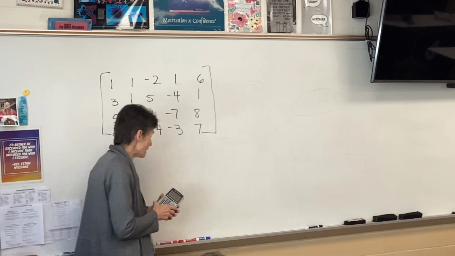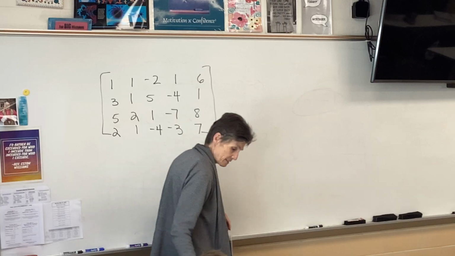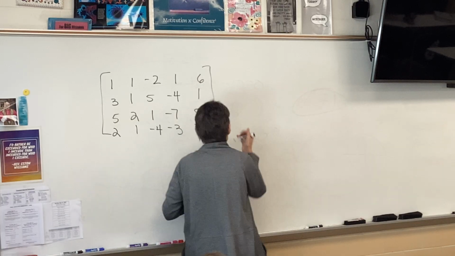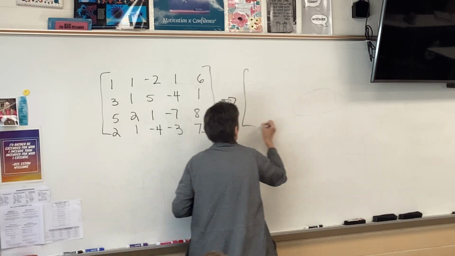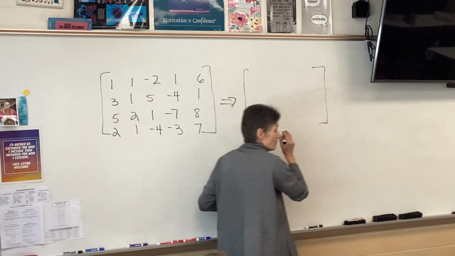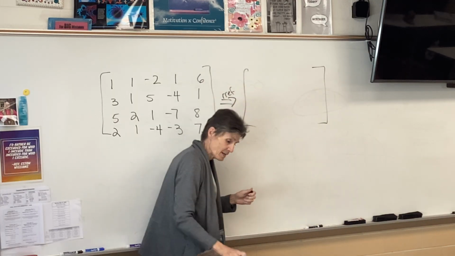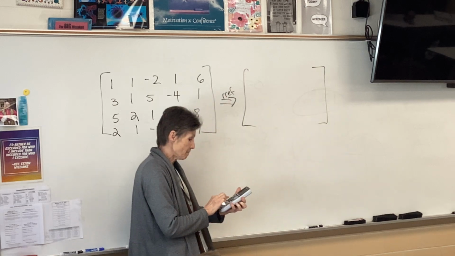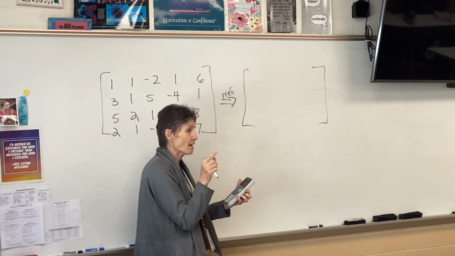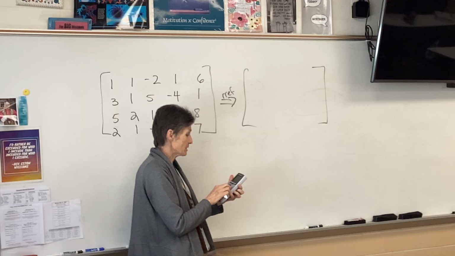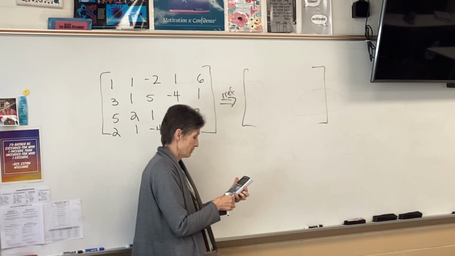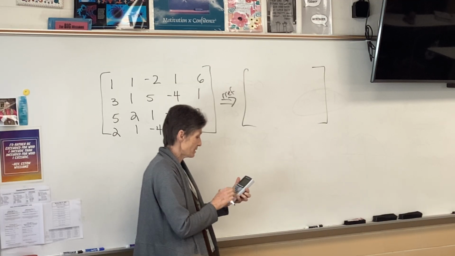Okay, anybody remember what happens next? Once we get the matrix put in, what happens? Do you remember? We do REF, that's right. So we go back in the matrix. Second matrix, over to math, and then down till you find our REF. And then second matrix, enter.